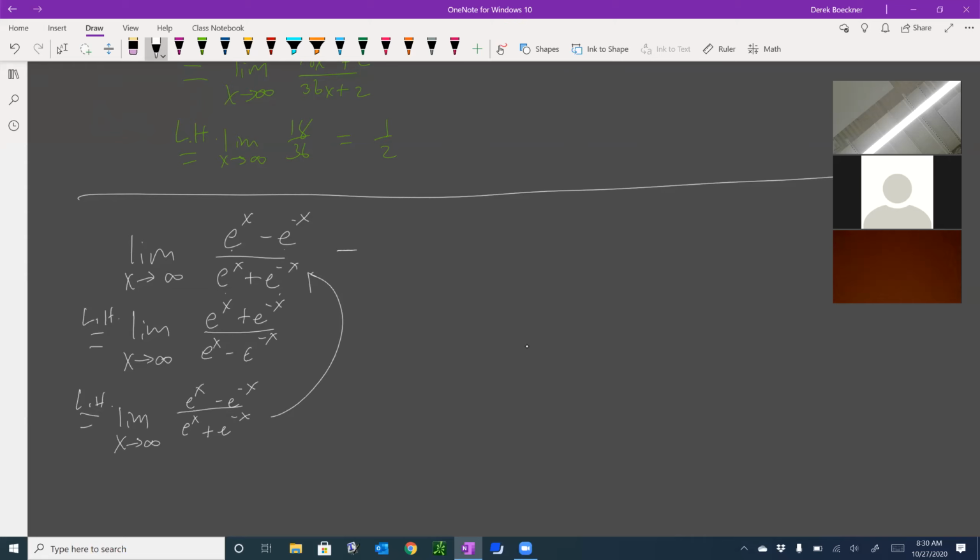What we're going to do instead is make it look like infinity over infinity, but manipulate it so that I don't have two terms that keep switching back and forth. So I'm going to multiply the top and the bottom by e to the x.